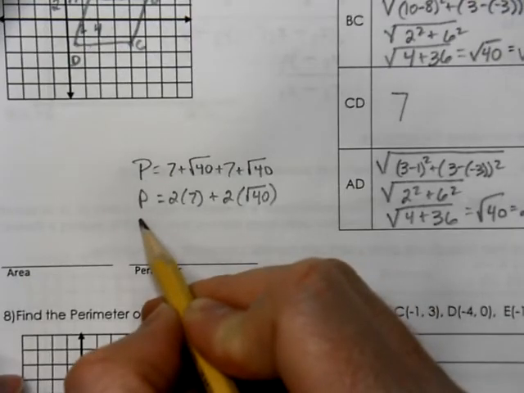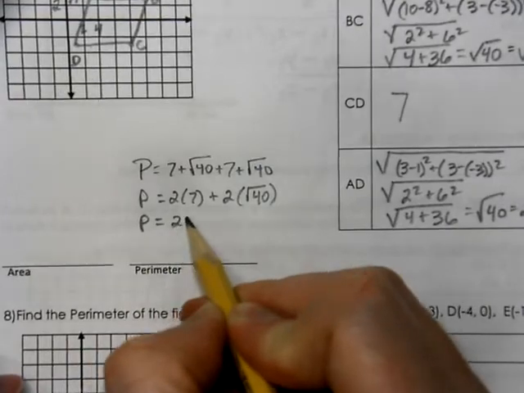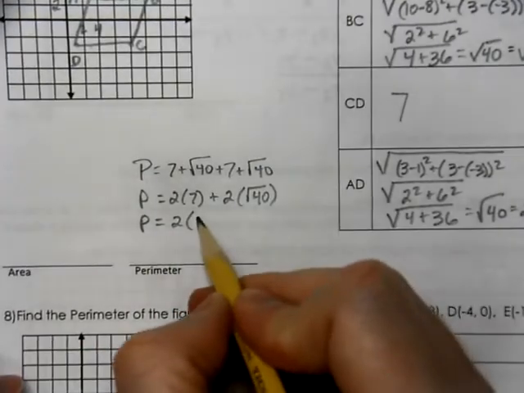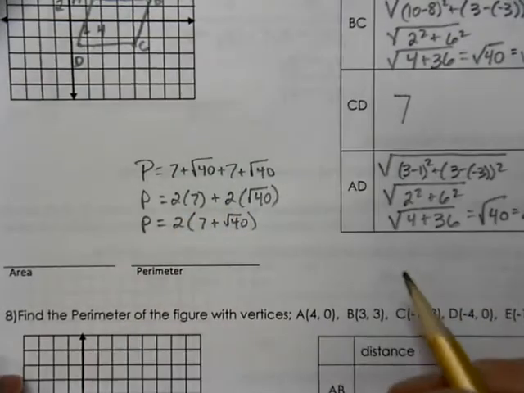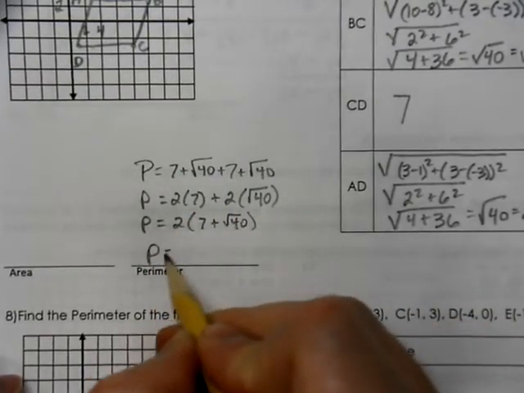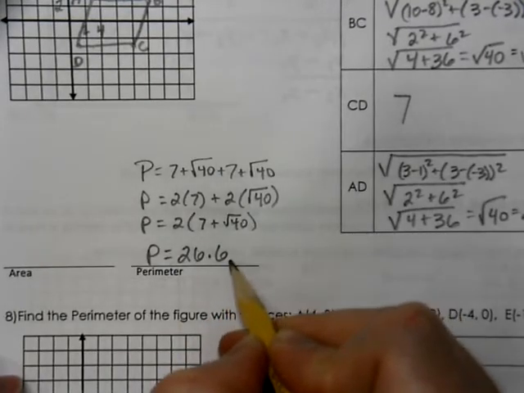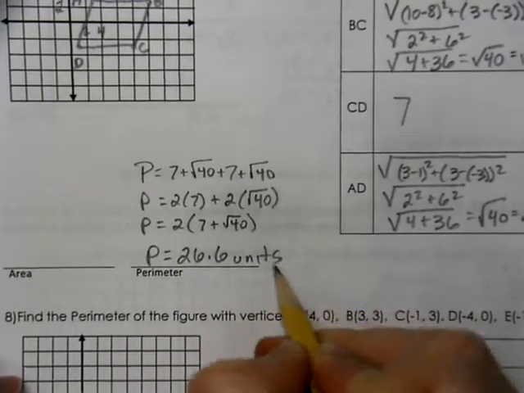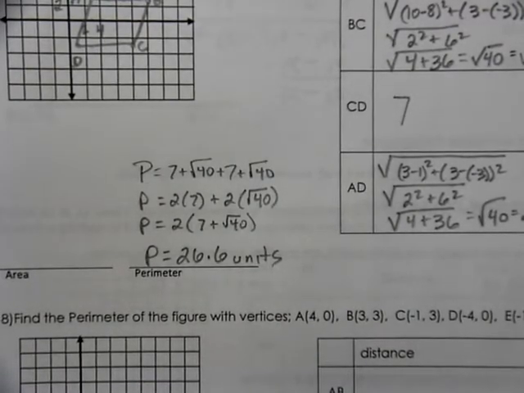So we're going to get 2 times 7 plus the square root of 40, kind of factoring out that 2. Anyway, the perimeter is going to equal 26.6 units. And because it's a length, we do not square the units. They're not counting squares, they're counting length.